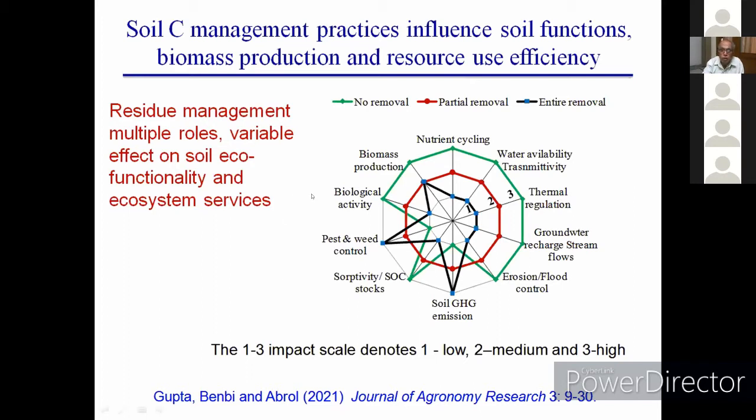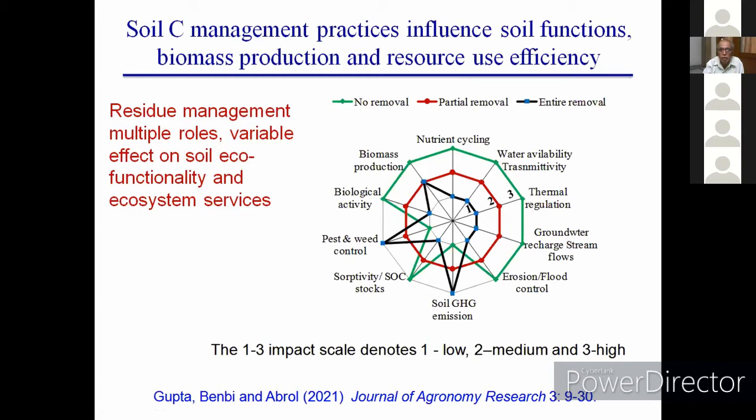And when you remove all of it, all these processes are negatively impacted. You may have some impact on greenhouse gases. You may have some impact on pest control because you have removed everything. But when you do this, you have to be careful about the effects which could be negative.